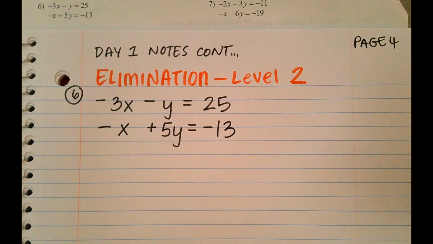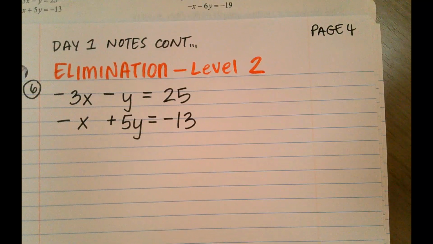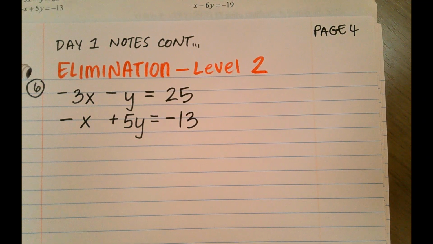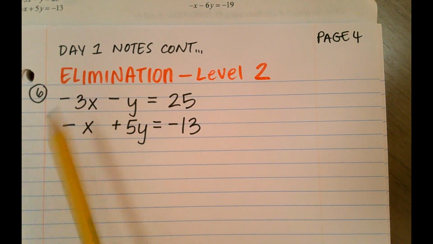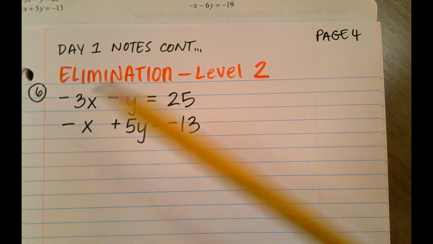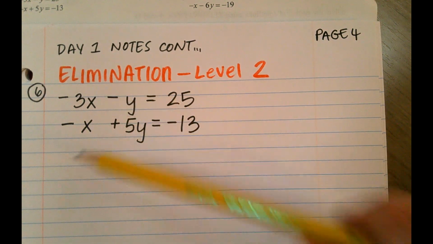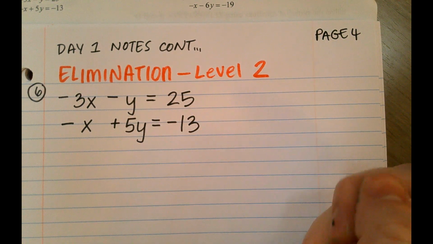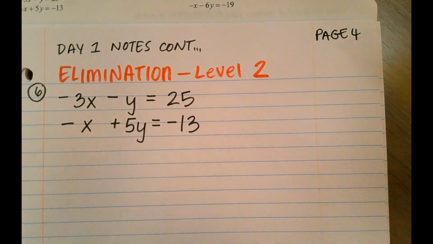Okay. So, again, if I tried to stack these up, nothing's going to be eliminated. Nothing will cancel. Negative 3x minus x is negative 4x. Negative y plus 5y, that gives us positive 4y. That did nothing for us.